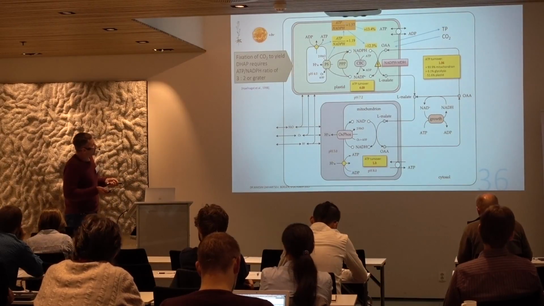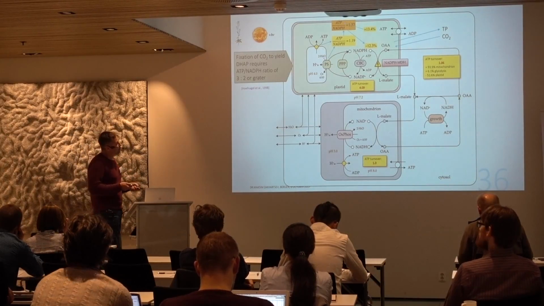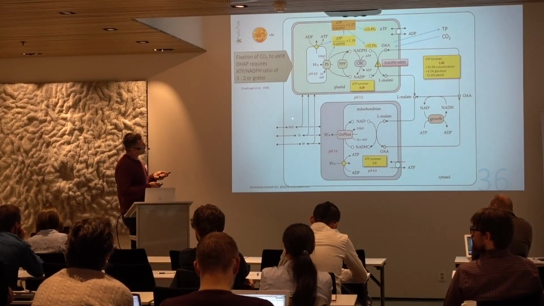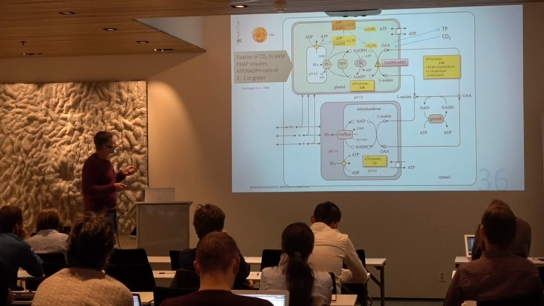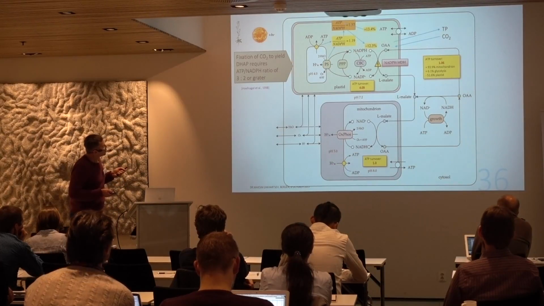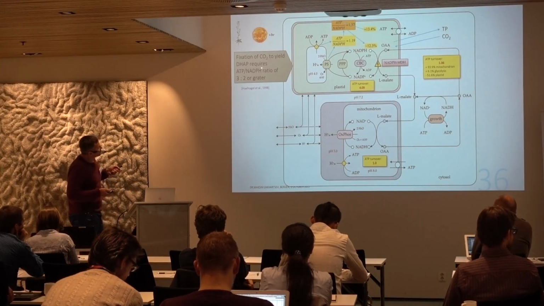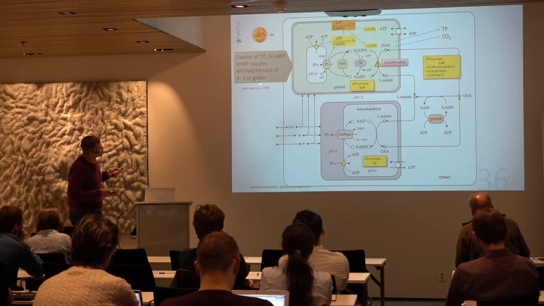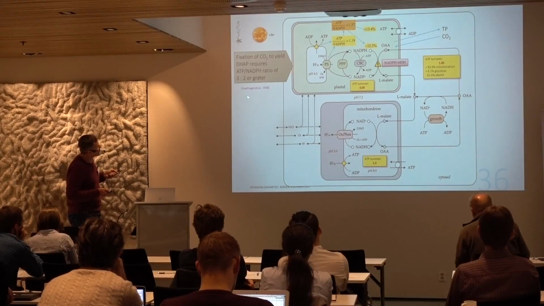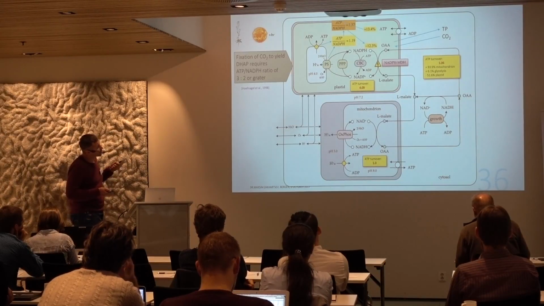Finally, based on this developed model, we could understand that in the light conditions the fixation of CO2 yields trioses via the Calvin cycle, and to run the Calvin cycle efficiently, the ratio between ATP and NADPH is required to be 1.5 or greater.